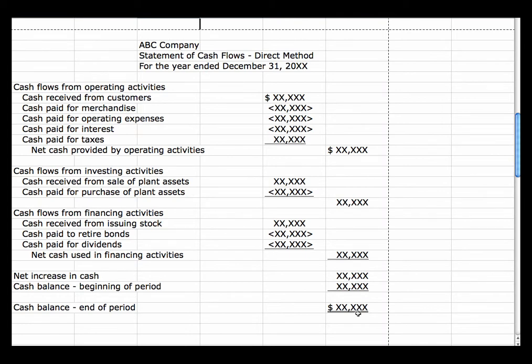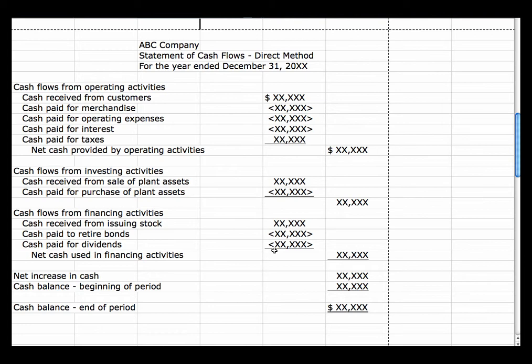Also in accounting, whenever you see a bracket, it means it's a negative number. So basically what we have here is the format for the direct method. Now what you find in the direct method is that it is normally the generally accepted accounting principle presentation on financial statements.